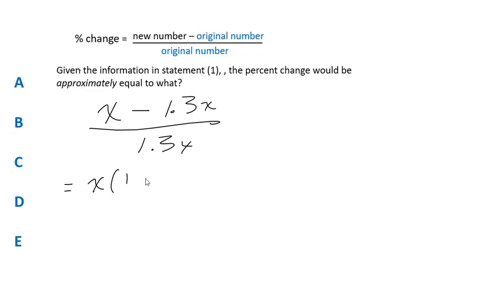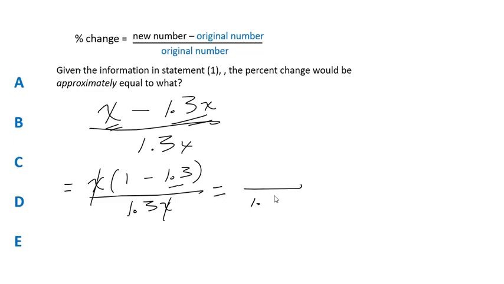So X times 1 minus 1.3, divided by 1.3X. So X times 1 is X. X times 1.3 is 1.3X. Okay. Now what can we do? Cancel the X's. So the denominator is now 1.3. Numerator 1 minus 1.3 is negative 0.3.